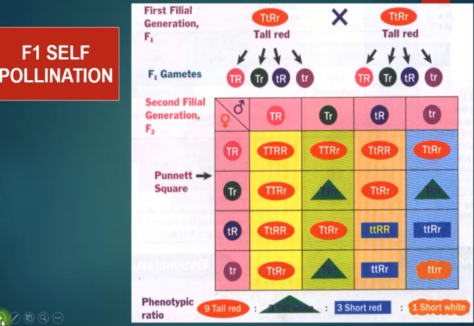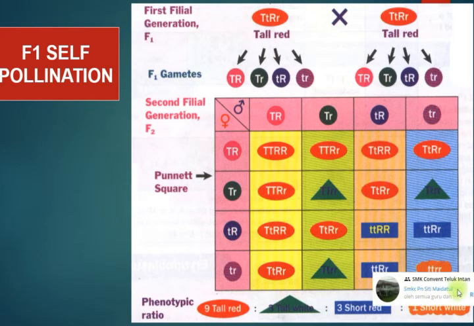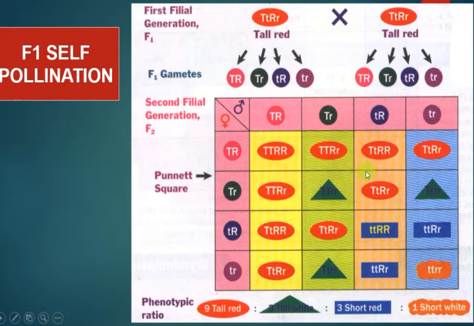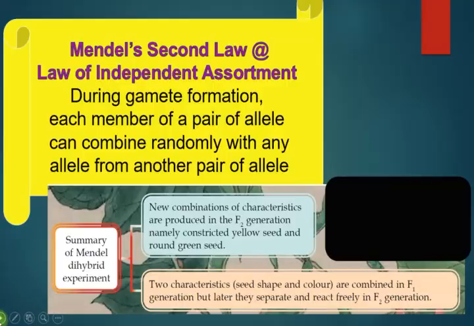So how to determine the F2 generation, we have to use the Punnett square. So, dihybrid inheritance relates to Mendel's second law.